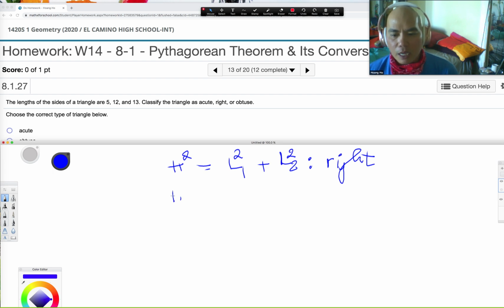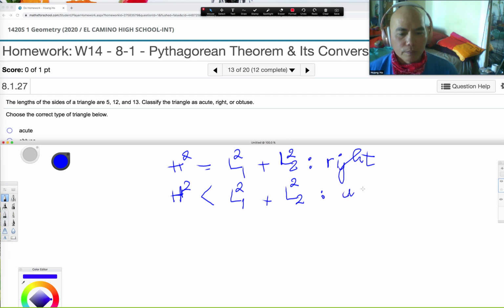But if you take the longest side and you square it, and it's not equal but it's less, if it's less, then the triangle will be acute.